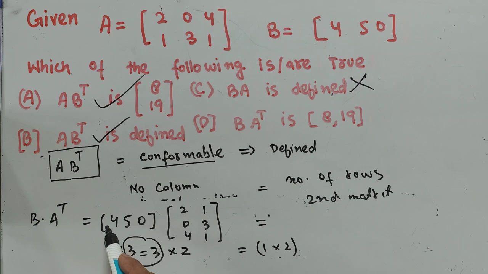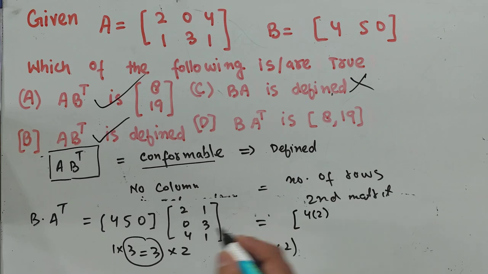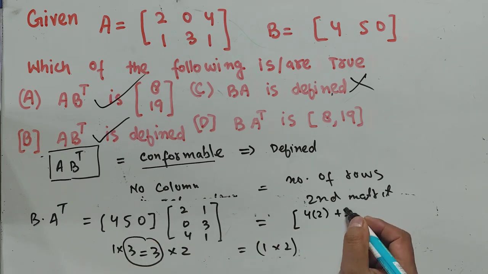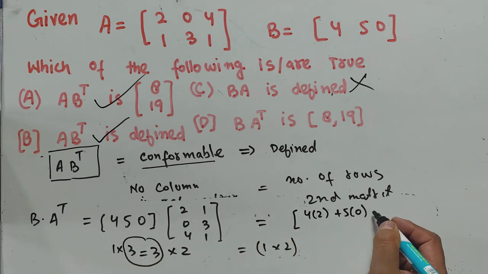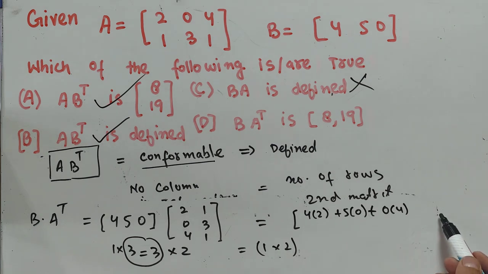Let us do the multiplication. We multiply row by column. So we get 4 into 2 plus 5 into 0 plus 0 into 4. We have 1 row and 2 columns, so this is one entry, and we will have another here.